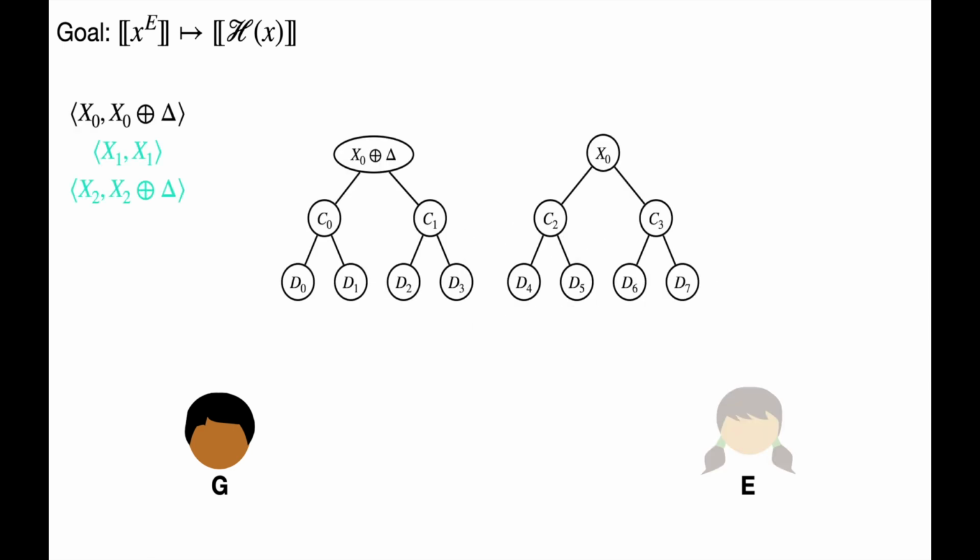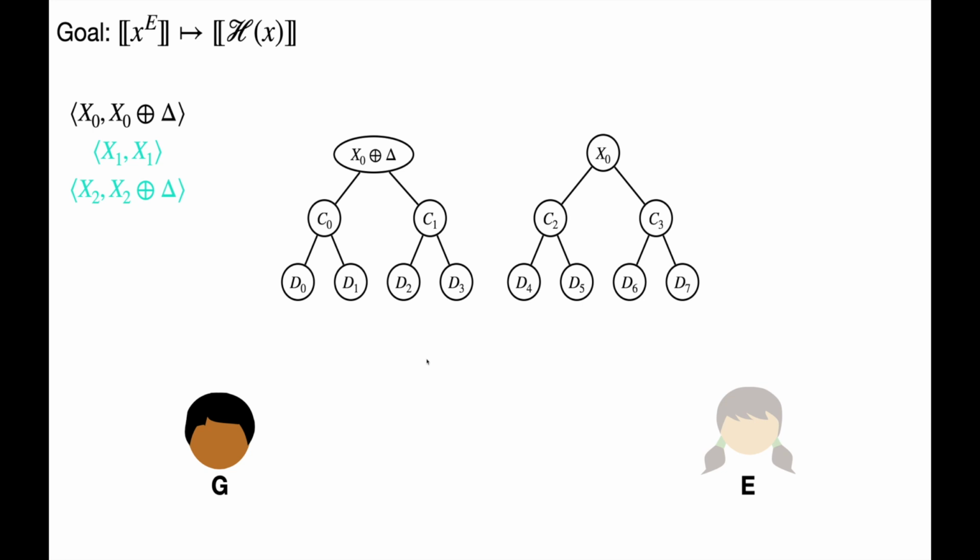The procedure I'm about to describe is similar to well-known techniques for puncturable PRFs. However, I'm going to show the procedure in detail because I want to emphasize the compatibility of these well-known techniques with circuit garblings. Let's start by considering the actions of the generator. G starts by laying out two binary trees that together have 2 to the n leaves.